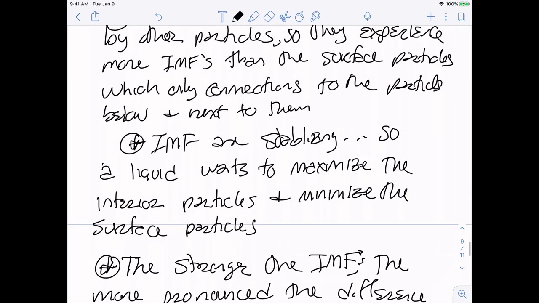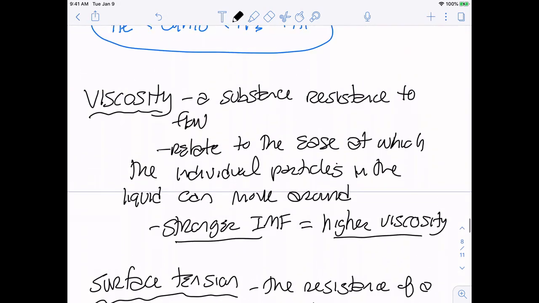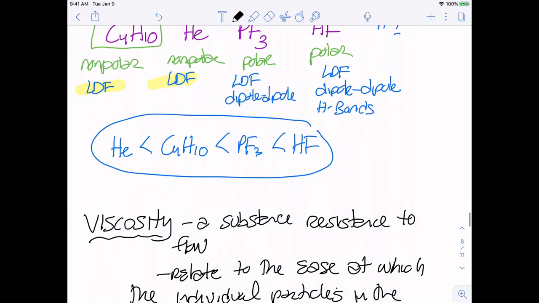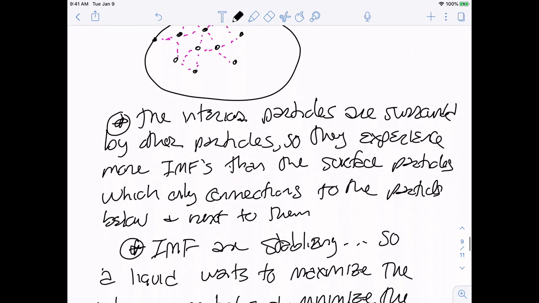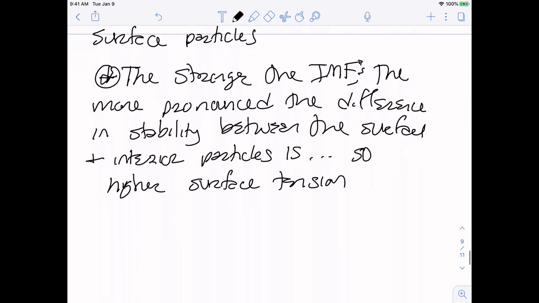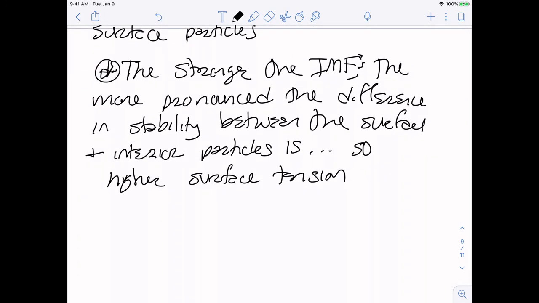So if we went back up to that original example and I changed the wording again that said rank the following in order of increasing surface tension, my answer is going to be exactly the same, right? Stronger intermolecular forces, the more I want to minimize those exterior ones, maximize the interior ones, the more I'm going to resist spreading out and increasing my surface area.